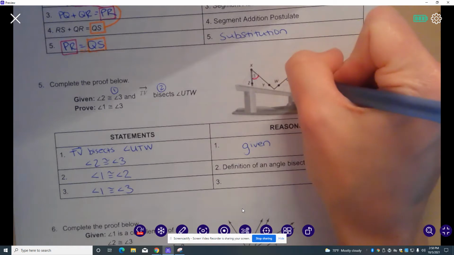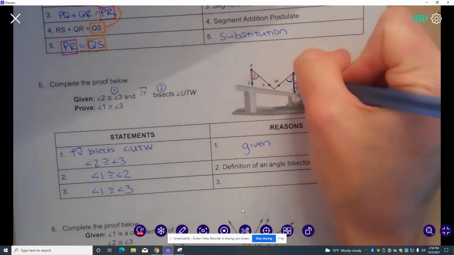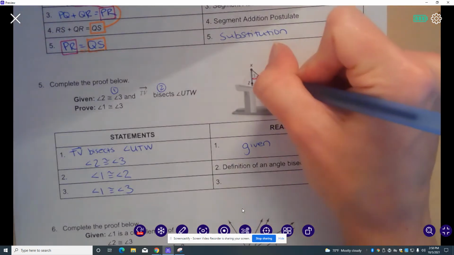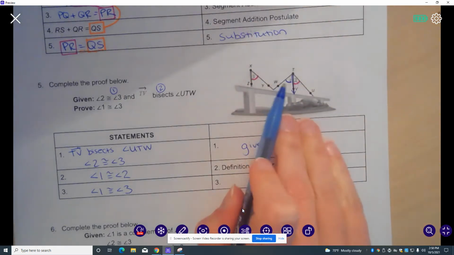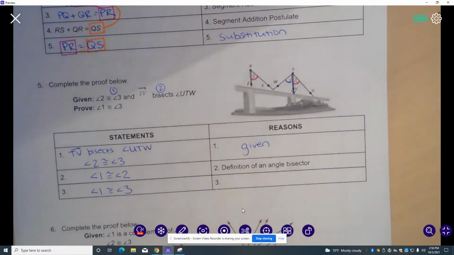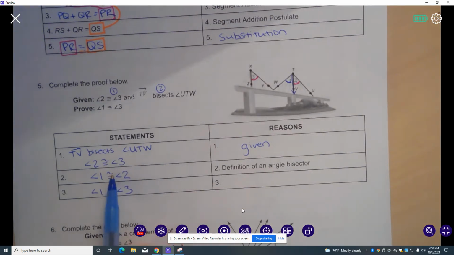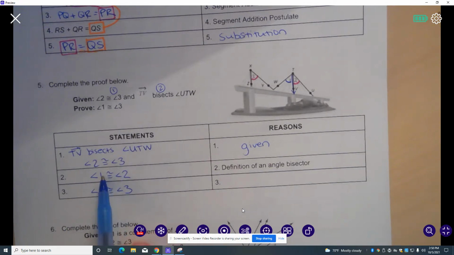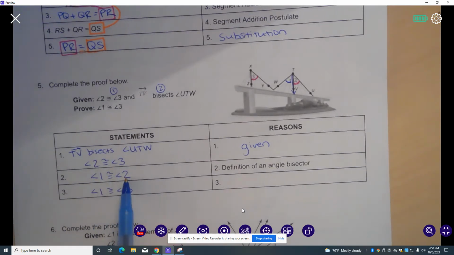So now that I know that angle 1 and angle 2 are congruent to each other, and angle 2 is congruent to angle 3, it makes sense then that angle 1 and angle 3 are also congruent. Looking at my statements here, angle 1 and angle 3 are both congruent to angle 2.